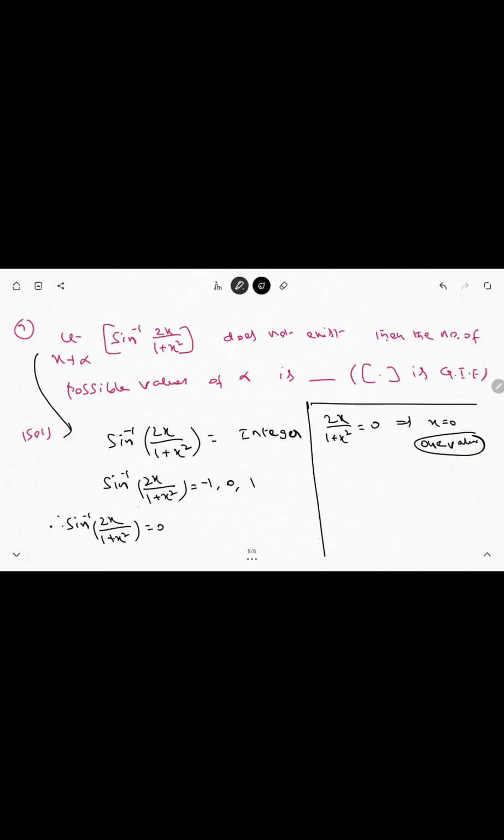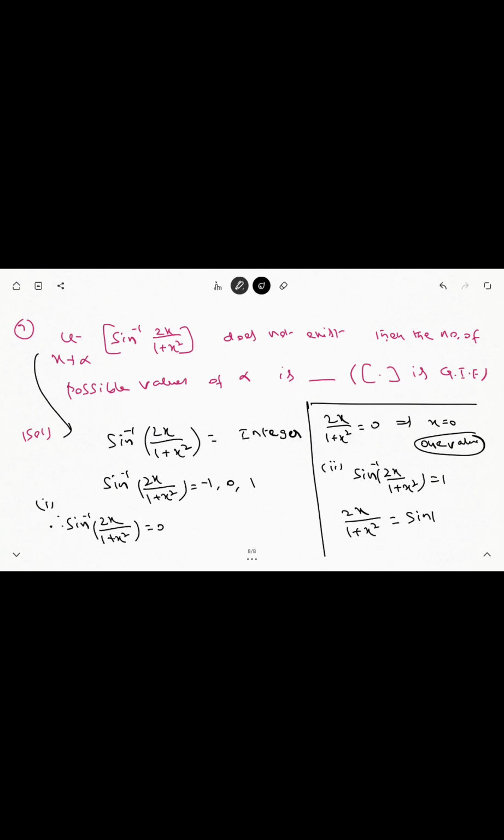Again, second case: this part is 1 or minus 1. Suppose sin inverse 2x by 1 plus x square is equal to 1. Therefore, apply sin on both sides. 2x by x square plus 1 is equal to sin 1. What is sin 1?